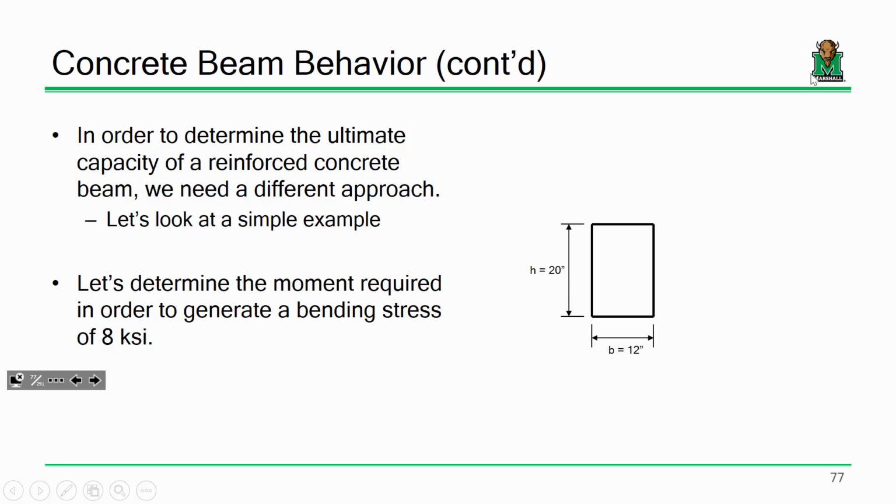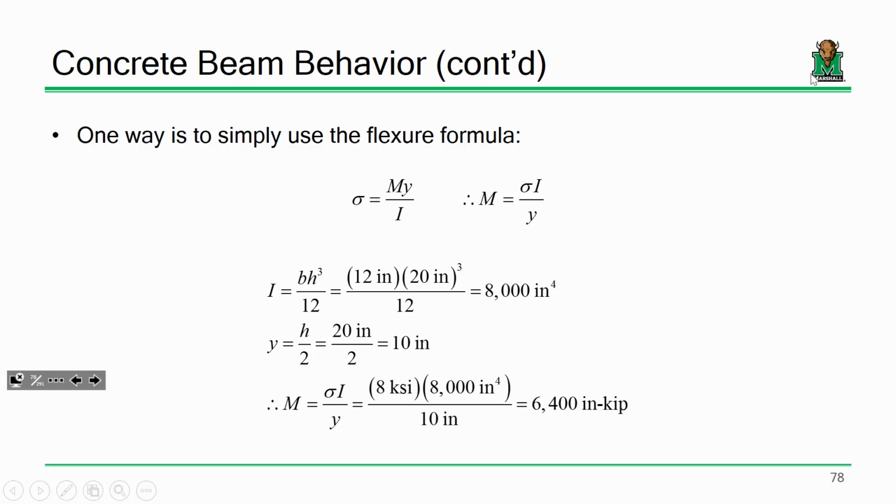Now, I propose that there's really sort of two ways we can go about this, okay? The first way is to just use sigma equals My over I, our fundamental bending stress equation. So all I'm doing is just solving for the moment. So the moment is the stress times the moment of inertia divided by y, which should be familiar by now because that's essentially how we do a cracking moment, right? We take F sub r, the modulus of rupture, times the gross moment of inertia divided by y.